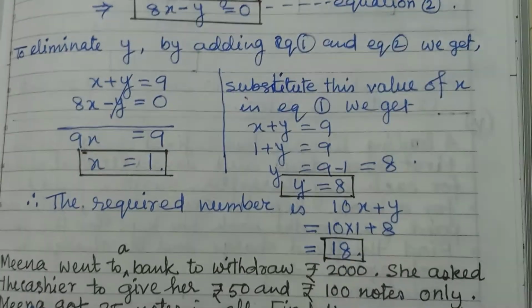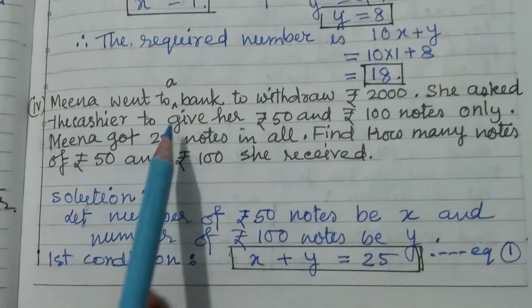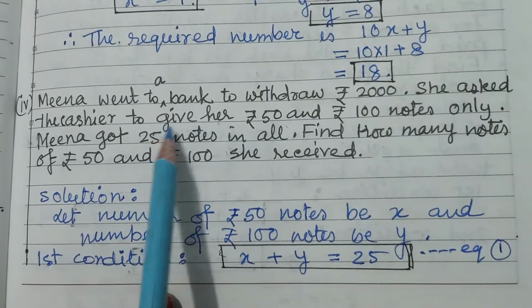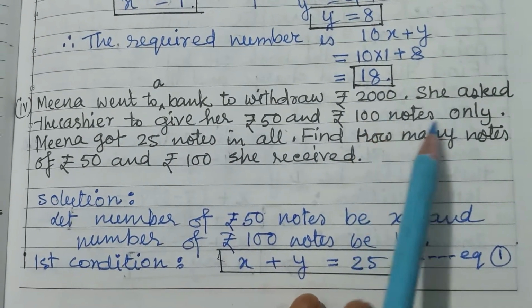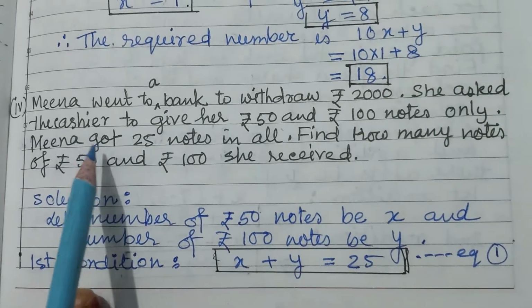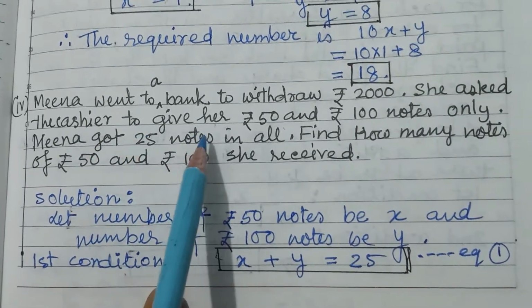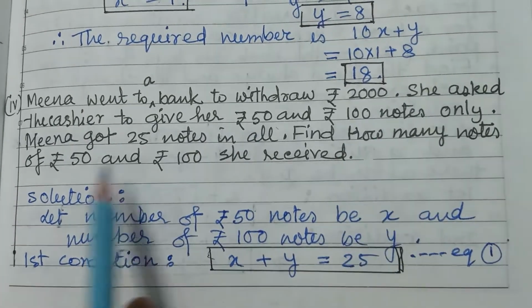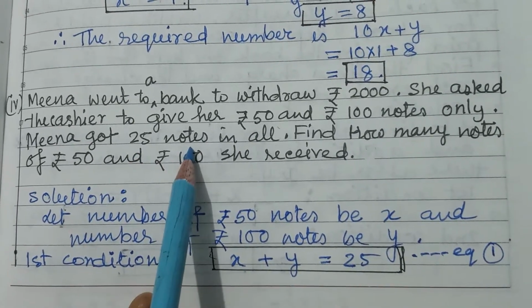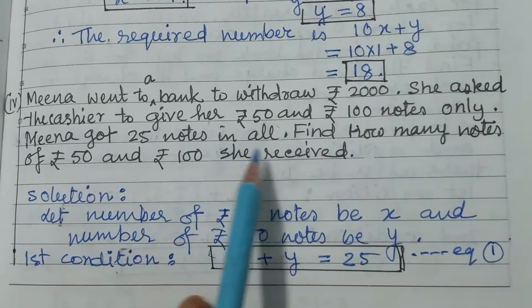Okay. Now the next question: Mina went to the bank to withdraw rupees 2000. She asked the cashier to give her rupees 50 and rupees 100 notes only. Mina got 25 notes in all.